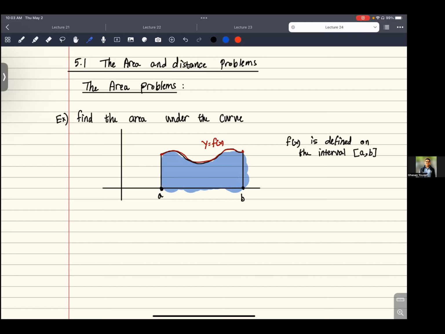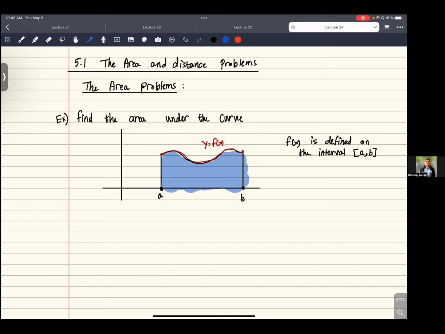But the best idea here to find the area is by using what? Rectangles, not triangles. Triangles are too hard to find the area of. So the best thing here is to use the rectangles.